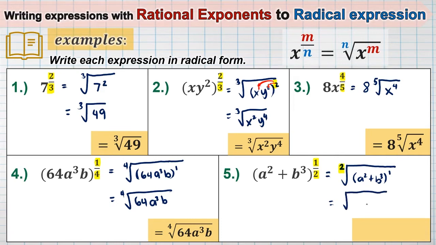So automatically, kapag wala nakalagay, it's already square root. At the same time, itong exponent natin ay 1 naman. So our final answer would just be a squared plus b cubed na lang ang radicand. So, ang final answer natin will be the square root of a squared plus b cubed.